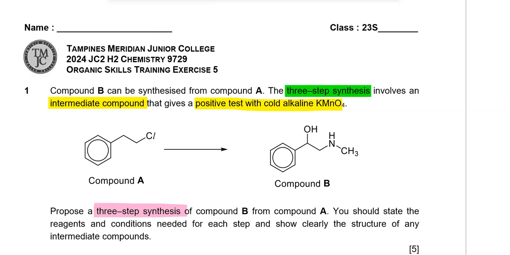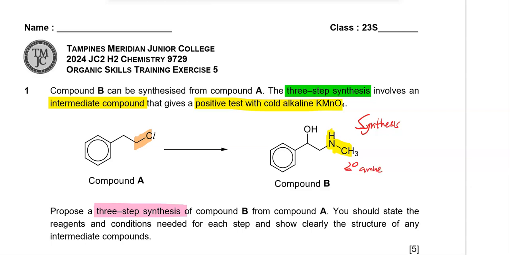Okay, looking at Organic Skills Training Exercise 5, we have a synthesis question in this question 1. So in this case, we have a halogenoalkane that you can see over here is converted to a secondary amine.